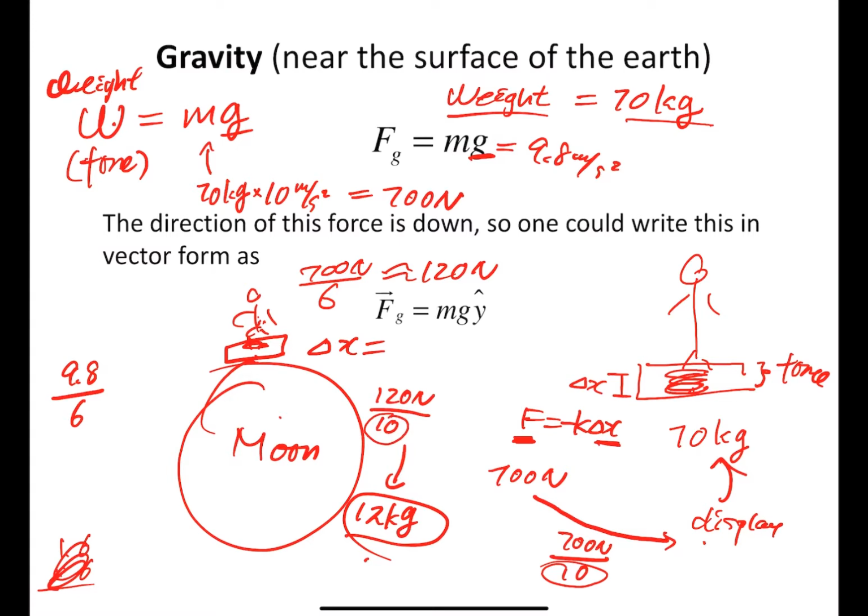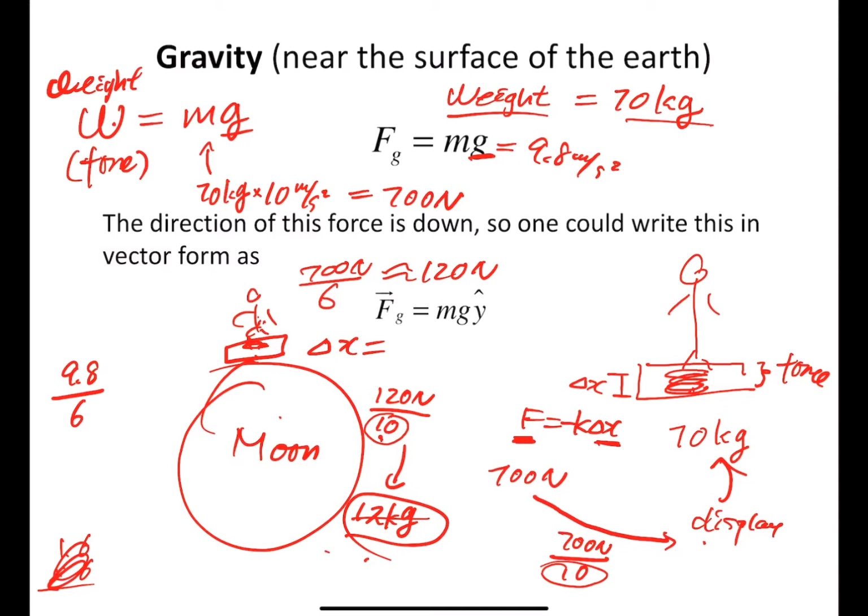If you really do this experiment on the surface of the Moon, are you able to use 10 here? You must use what? 1.6. So it gives you the mass correctly. So it means it's the force calibration of your instrument. Now, your mass will not change. You will always get 70 kilogram.